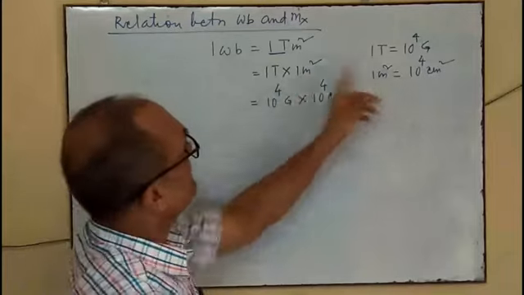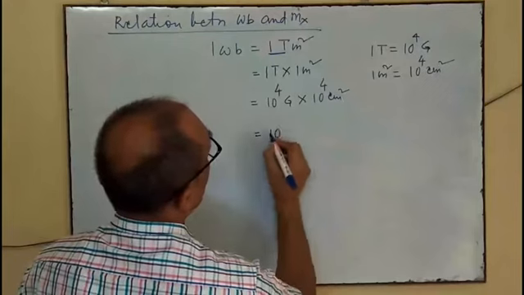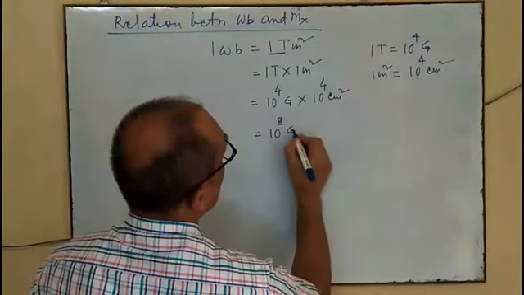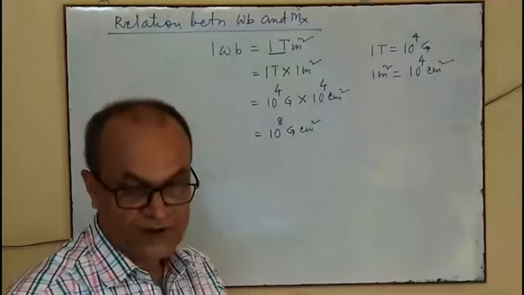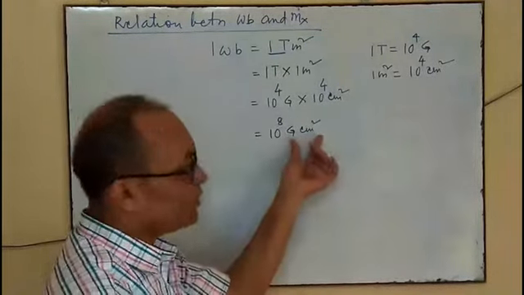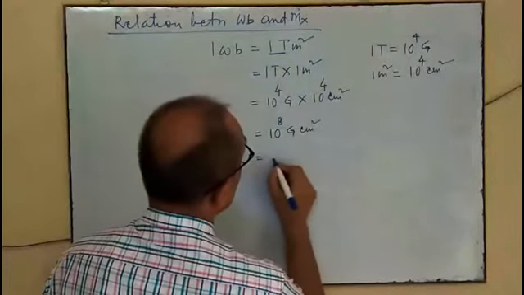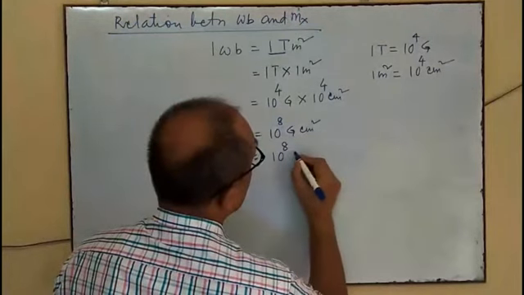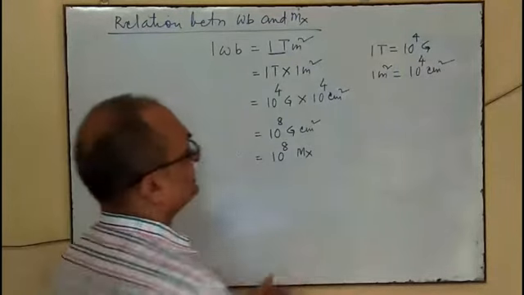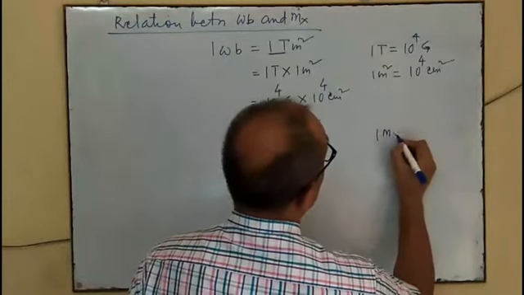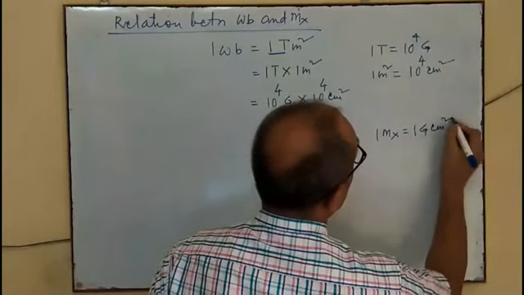So this equals 10 to the power 8 Gauss centimeter square. Since 1 Gauss centimeter square equals 1 Maxwell, 1 Weber equals 10 to the power 8 Maxwell.